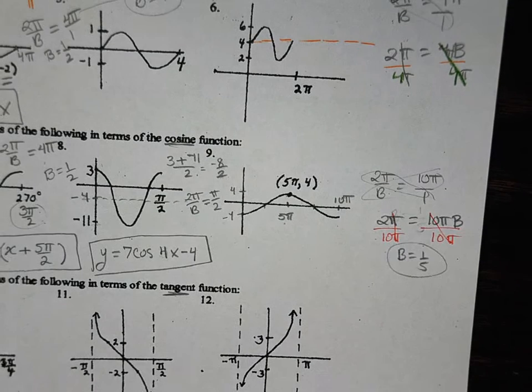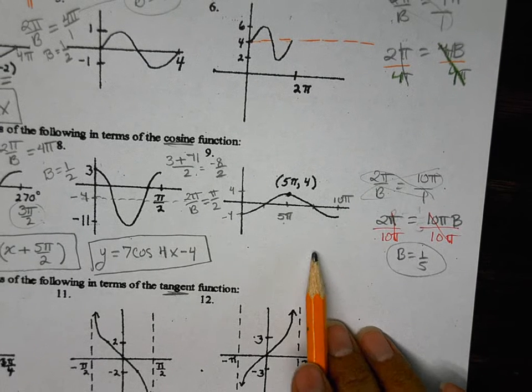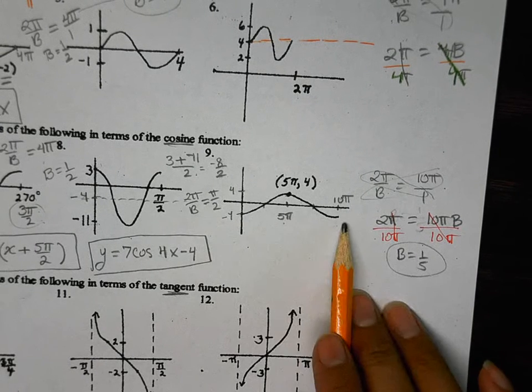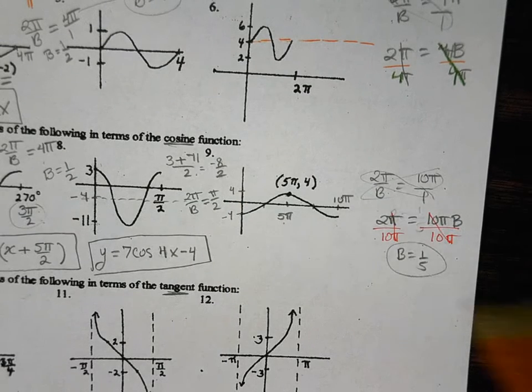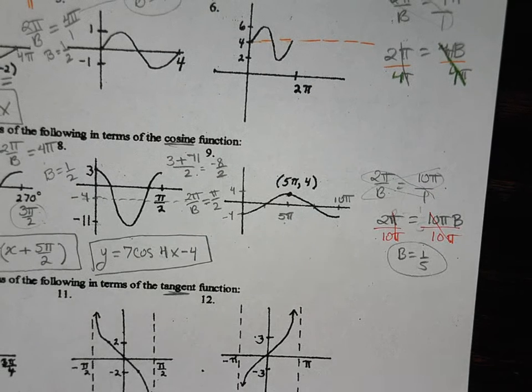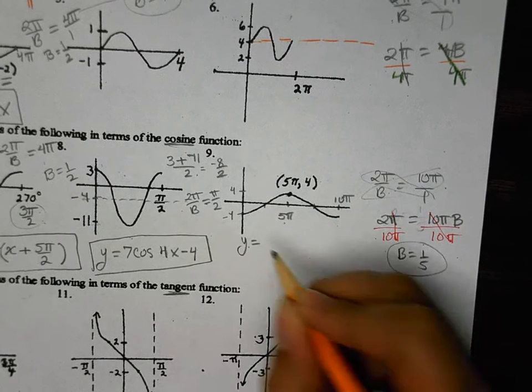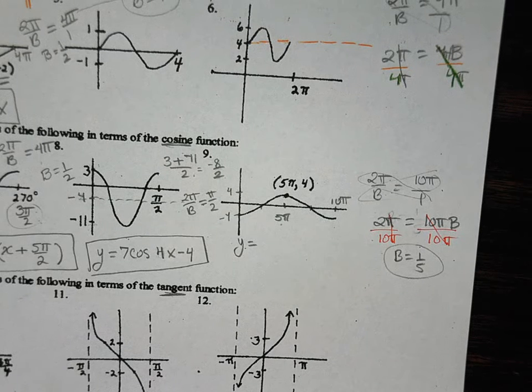Okay, makes sense. Is there any kind of vertical shift or horizontal shift? No, it starts at 0, it goes to the right. The max and the min are equidistant or opposites. All right, so y equals what do I have here?